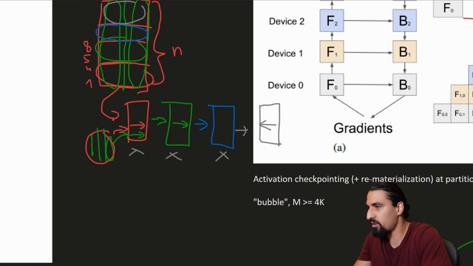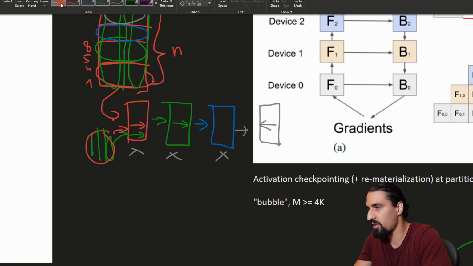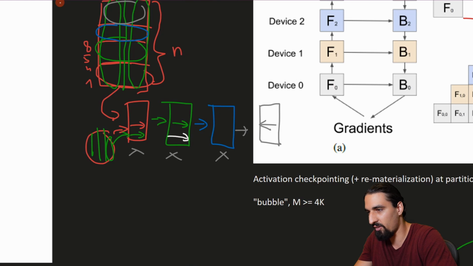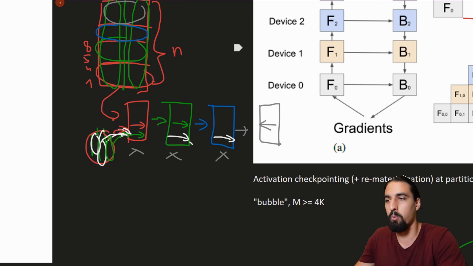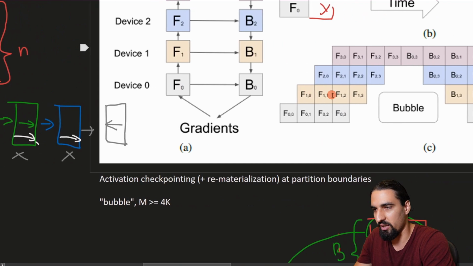And then the moment it starts running through the second device, you immediately feed the second part, the second micro batch, through this device. And now you have 2 devices not being idle. And then as soon as this device passes on the activations to the third device, you can feed the third micro batch into this device, and so on and so forth. You get the point.